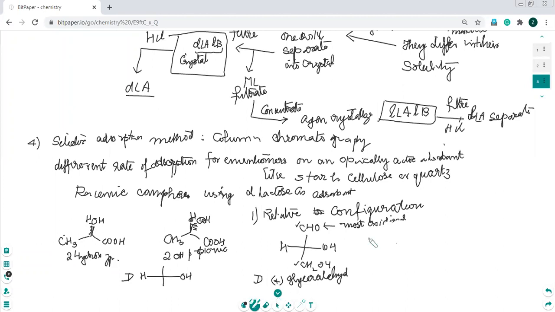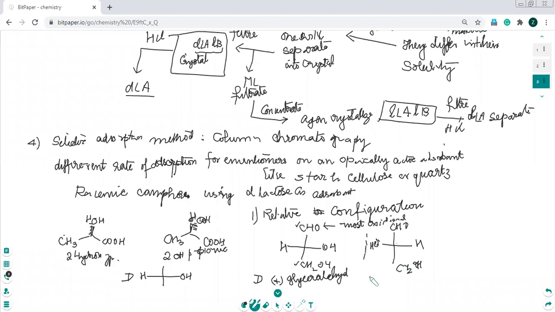Now the enantiomer of this will be having CHO, CH2OH.